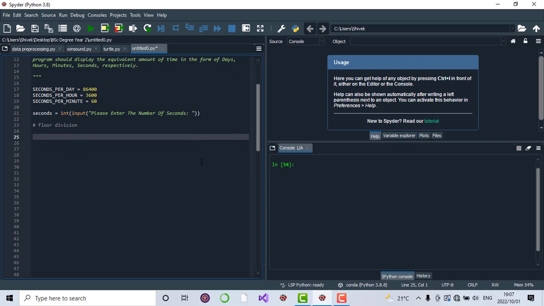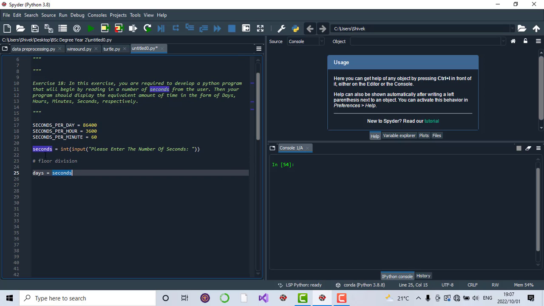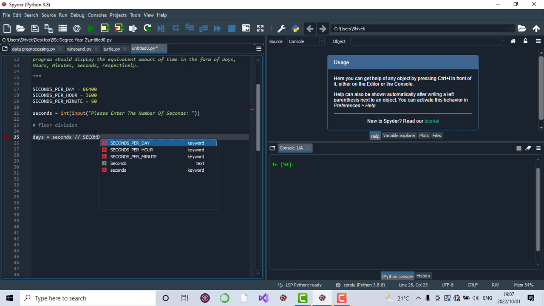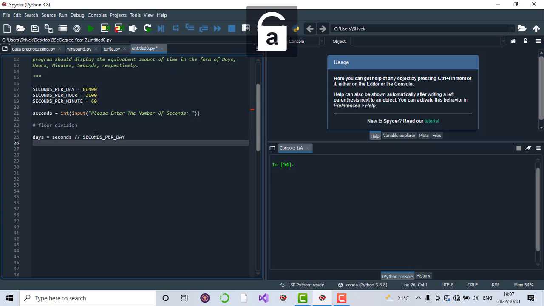Floor division. So first we'll do days is equals to seconds. This seconds here will actually be the input seconds, right? We take that input seconds and we floor divide by seconds per day.